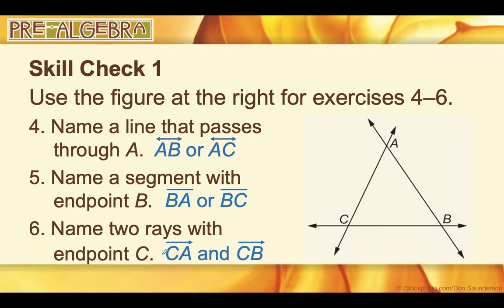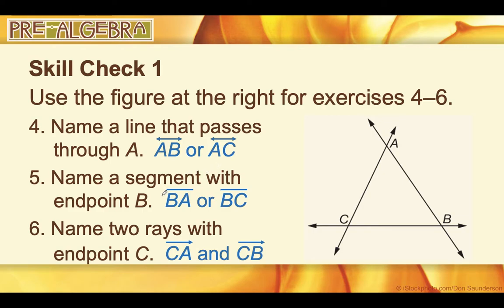Name a line that passes through A. Well, we've got 2 that go through. Again, if it's just a single capital letter, that is represented as point A. So name a line that passes through point A. And we've got 2, line AB or line BA and line AC.